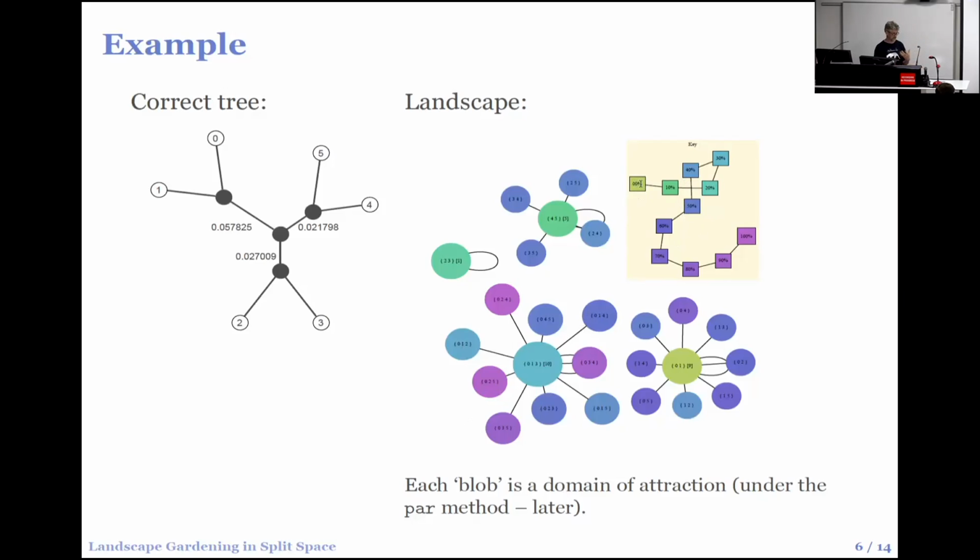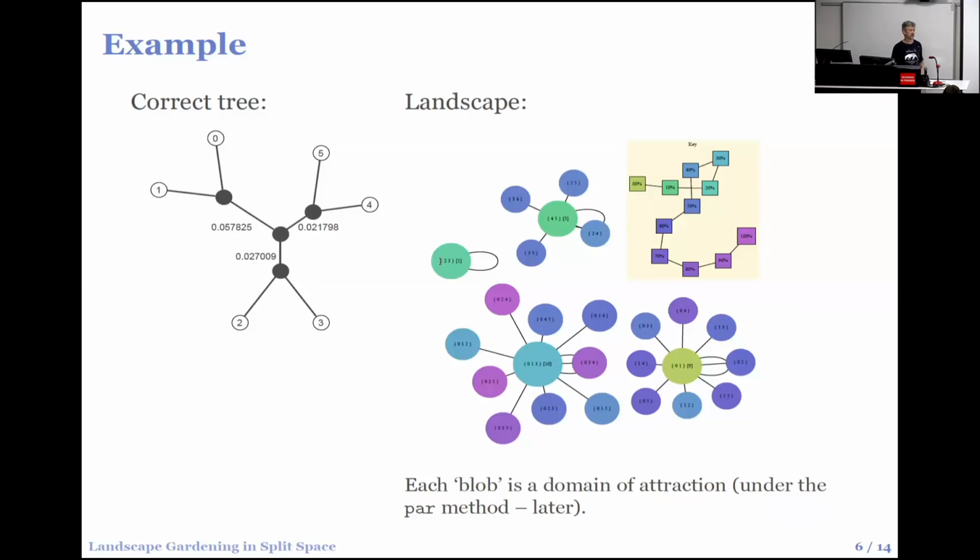The greeny yellow is the best score, up to this rather violent pink color, which is the worst possible score. All the graphs that we'll see in this talk are color-coded the same way on that 0 to 1 scale. It's just normalized for comparison. Each blob, because of the way this is set up, is a domain of attraction. So I've got 4 blobs there.